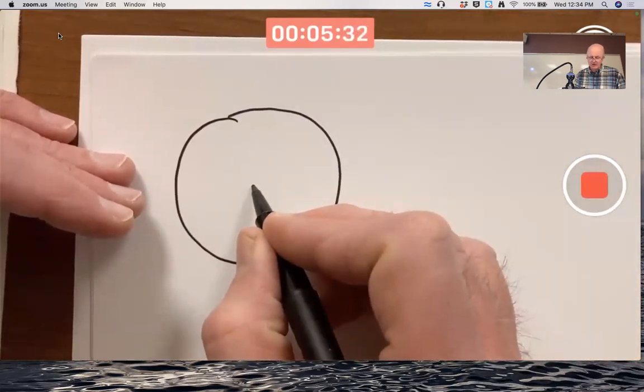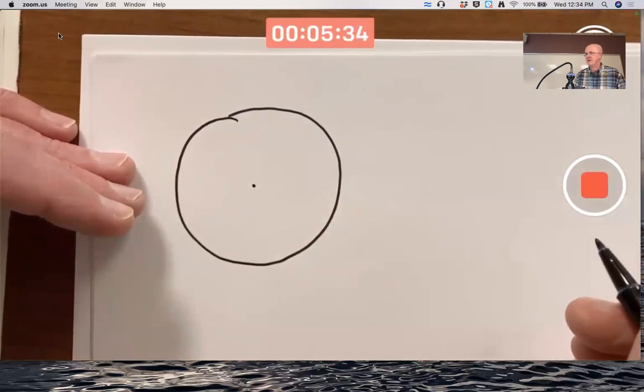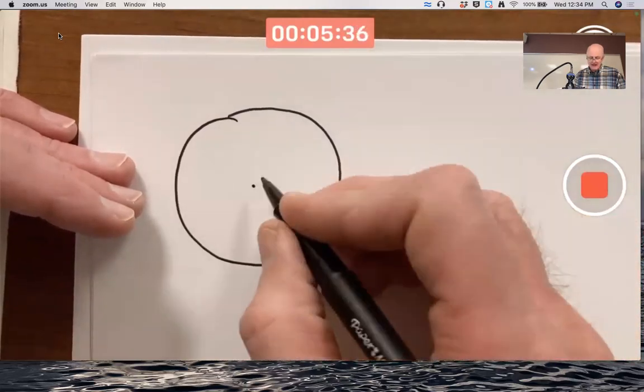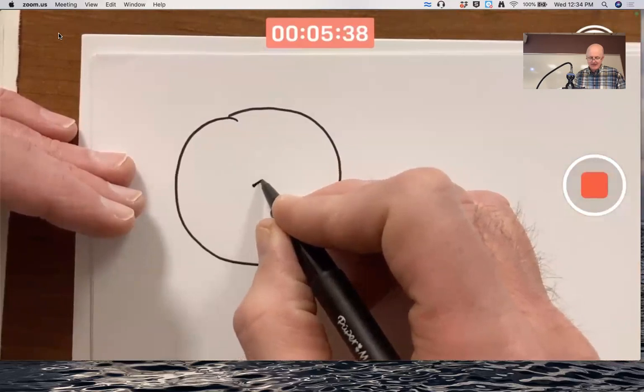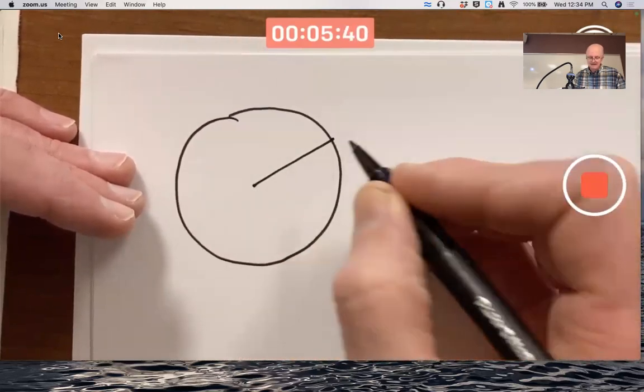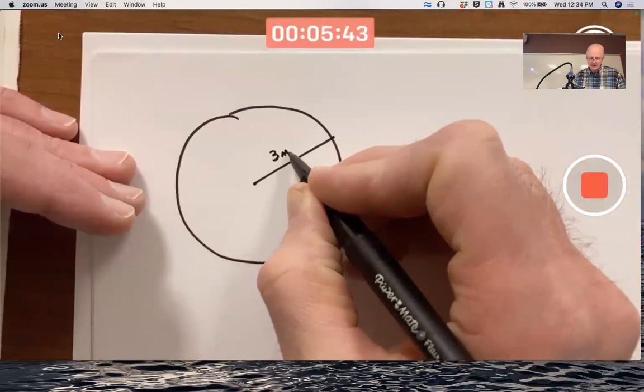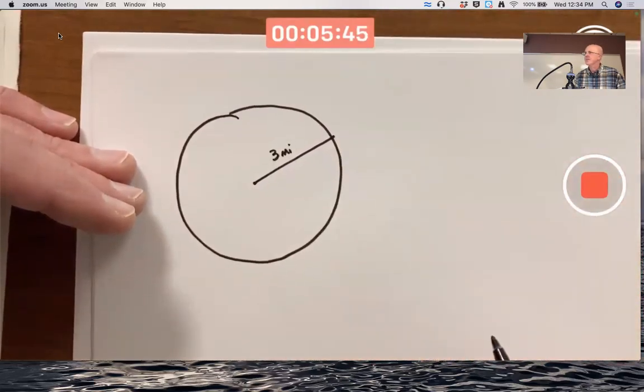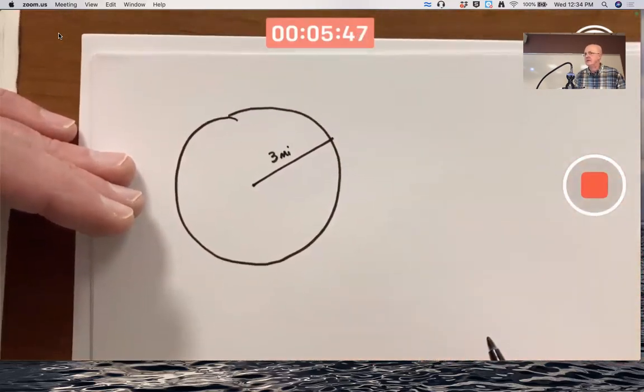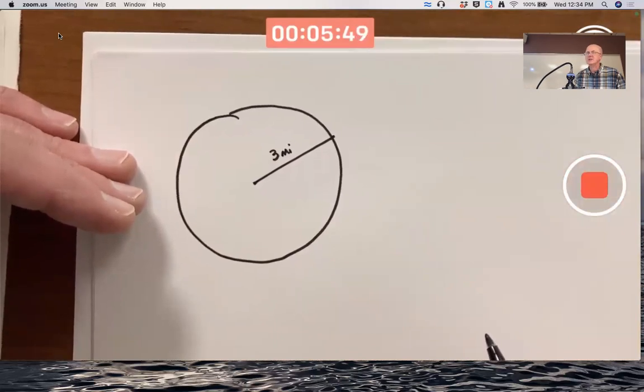Effectively, just worry about the origin. Think of the center of the city as the origin. The radius of the entire city is 3 miles. That's the answer to part A, right? That's where the population density is 0.